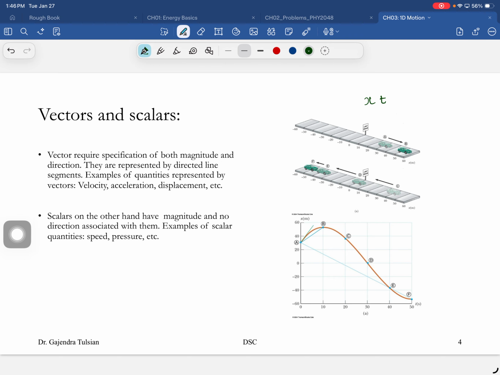Once you're given the motion, you can extract all the information you want from that function. For instance, you will want to know the velocity of the object at various times. The velocity, as you'll learn in a second, is the time derivative of the position. Does everybody know how to take a derivative?